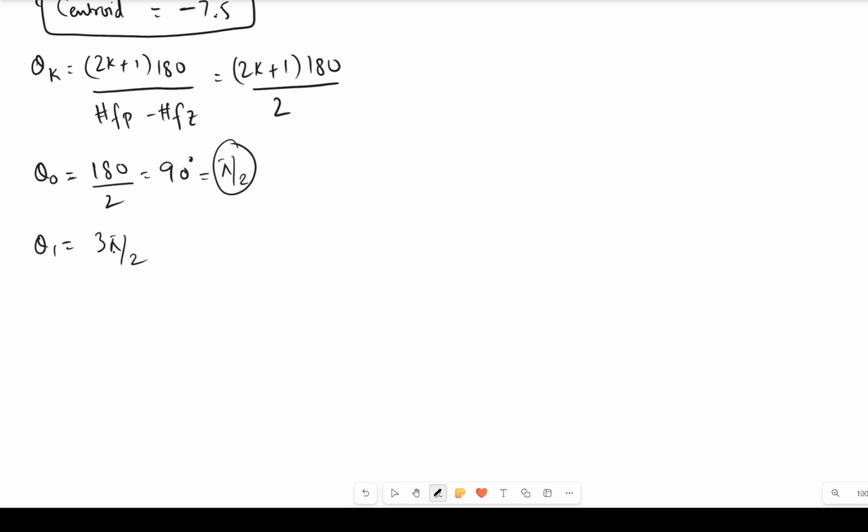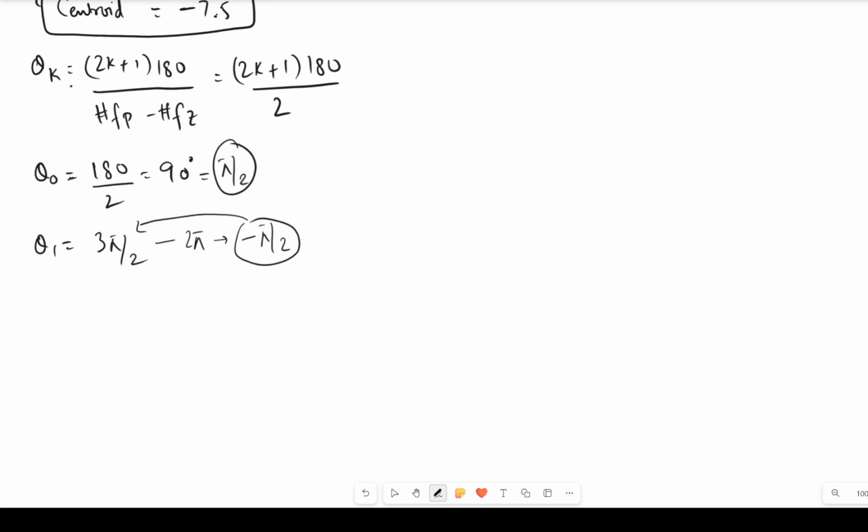So I can write it as 3 pi by 2, and I can also add or subtract 360 to make it look like this. Like I said before, if I subtract 2 pi, I'll get minus pi by 2. If you add 2 pi, whatever angle you get, these two will be the same thing.